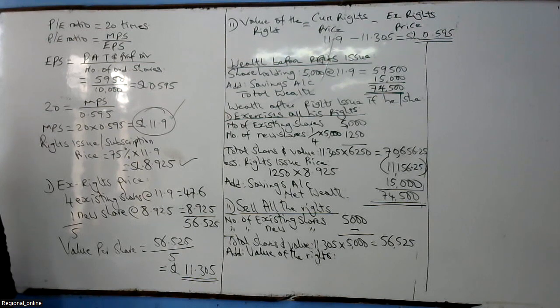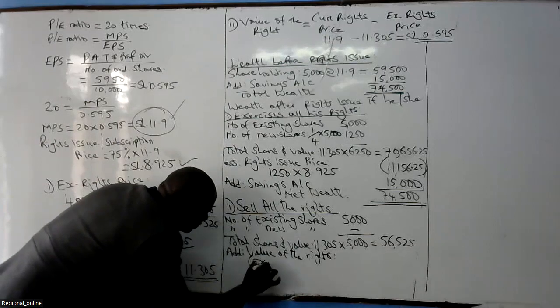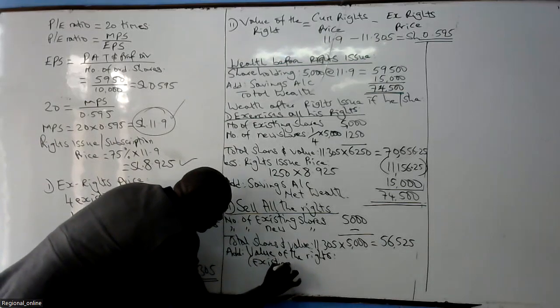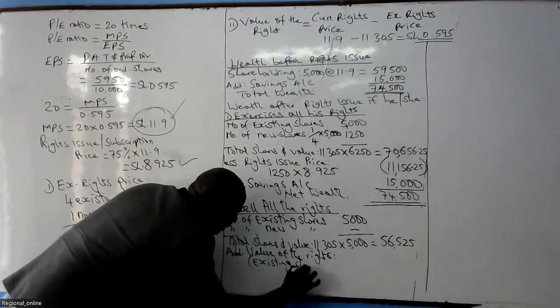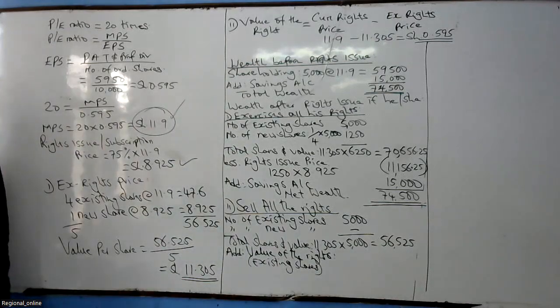Now remember, we have not said anyone is selling the shares. He is selling the rights. What is the rights? The rights is what you have, basically in existing shares. And by the way, he's not selling the shares. He's only transferring the power.